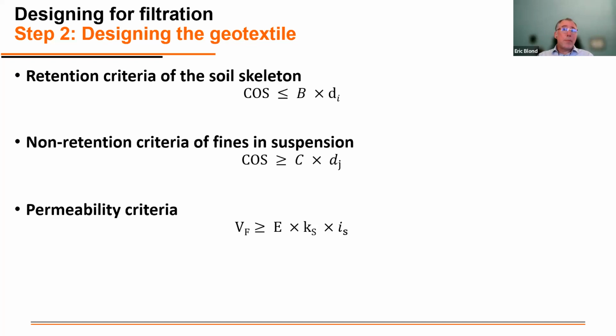And we have a permeability criteria where the geotextile must exhibit a sufficiently high permeability compared to the soil properties and to the hydraulic gradient which is expected. So for each of these criteria, you can see that an intrinsic property of the geotextile is compared to properties of the soil skeleton or the soil.